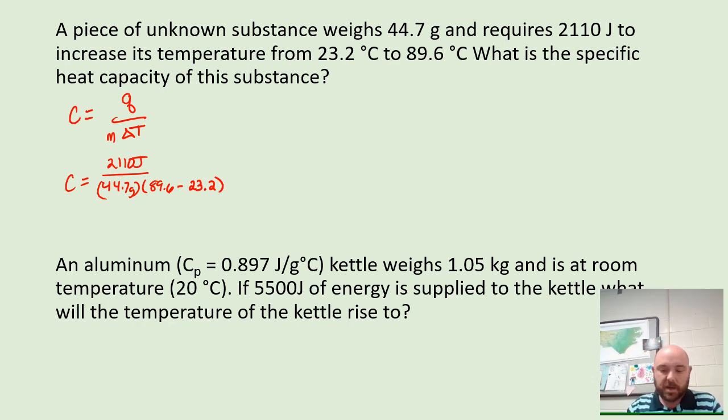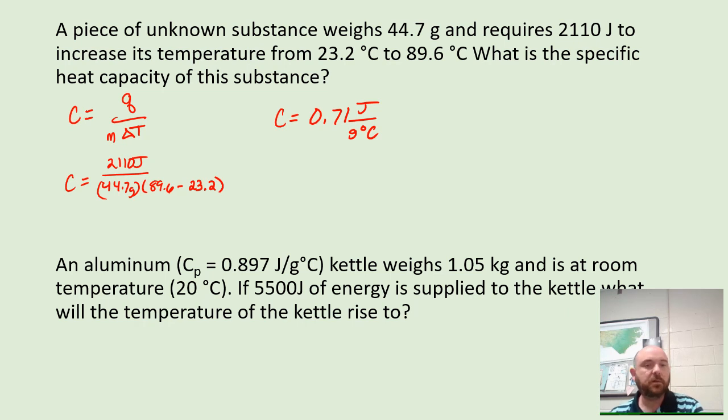Get our handy calculator out and we type 2110 divided by 44.7 times, get that decimal in there, 89.6 minus 23.2. When I input all that into the calculator, I arrive at a value of 0.71. So the heat capacity of this material is 0.71 joules per gram degrees Celsius. Now, on to the next example.